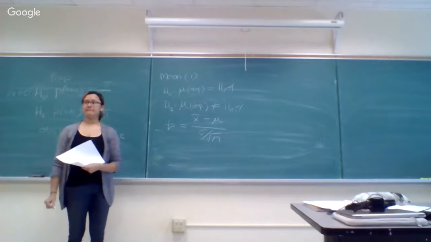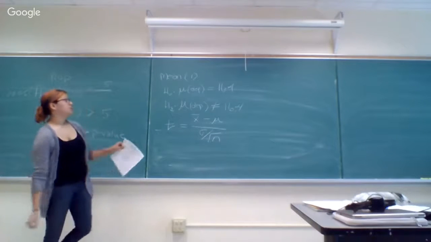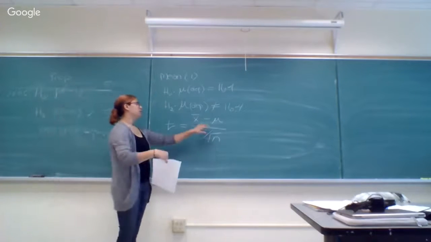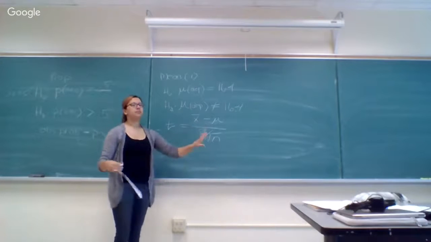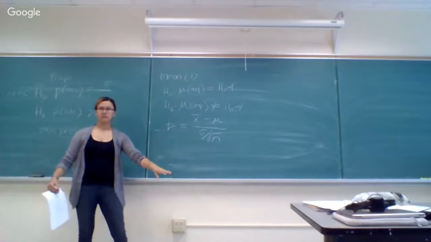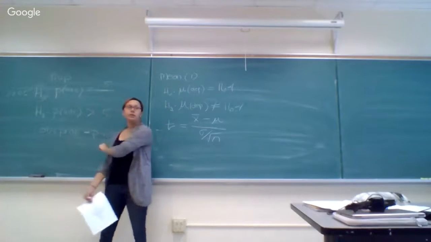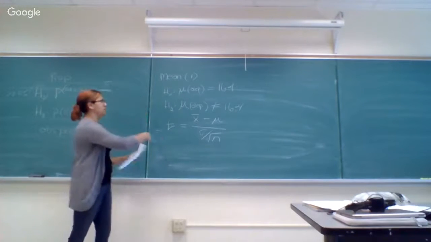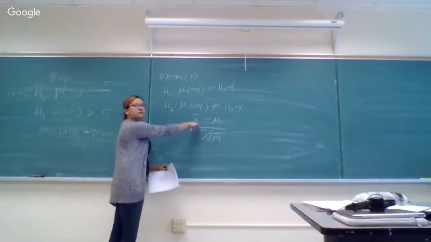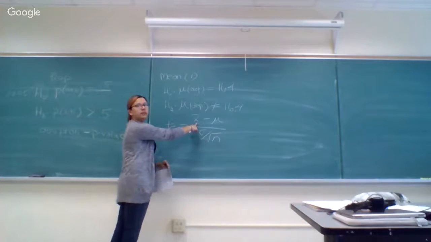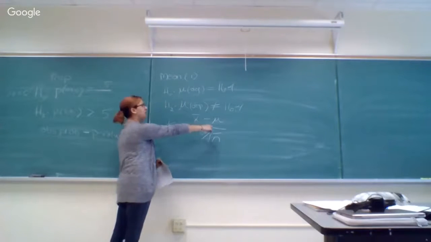In any case, we're always comparing what we observe to what we expect, right? So in this case, we have our observed value, and we compare it to what we expected. This is the observed sample mean, so this would be the mean of the depressed people.